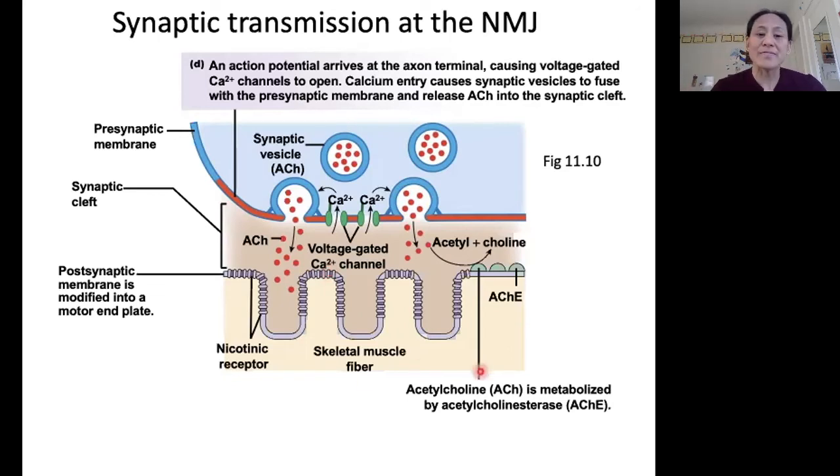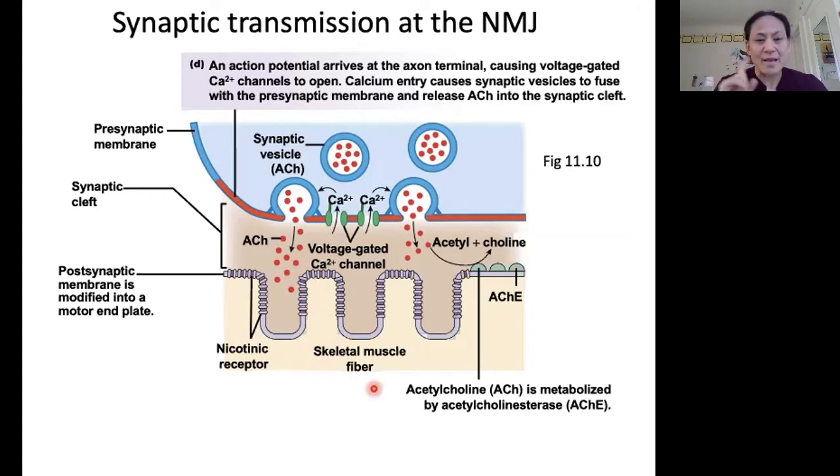And then the muscle fiber itself is going to have an action potential. We're going to talk a lot more about the details of this in our next unit, which is muscle. But for the time being, suffice it to say we get a depolarization, which leads to an action potential in the muscle fiber. That action potential is what triggers the contraction of the muscle.